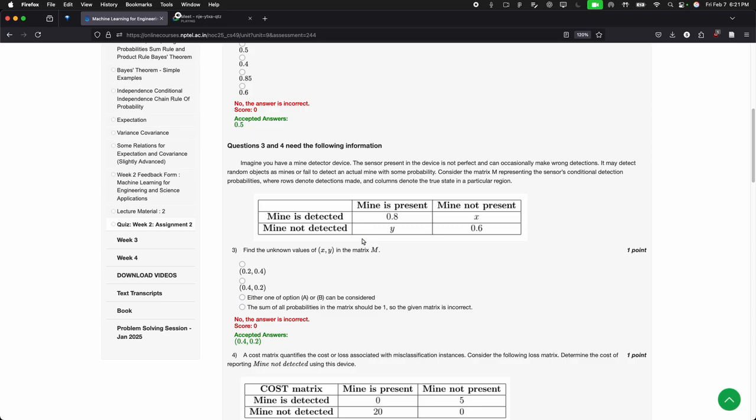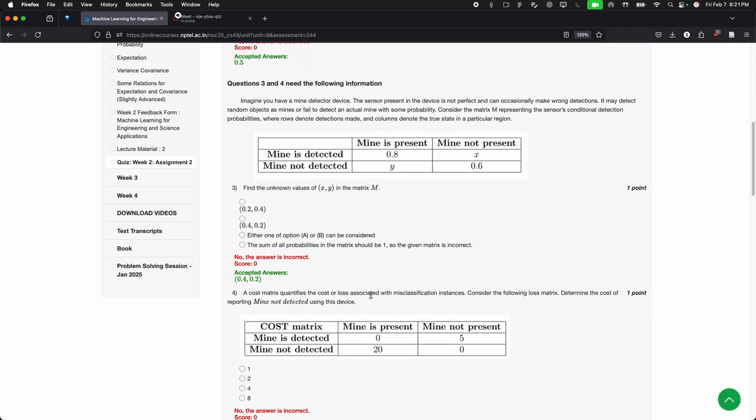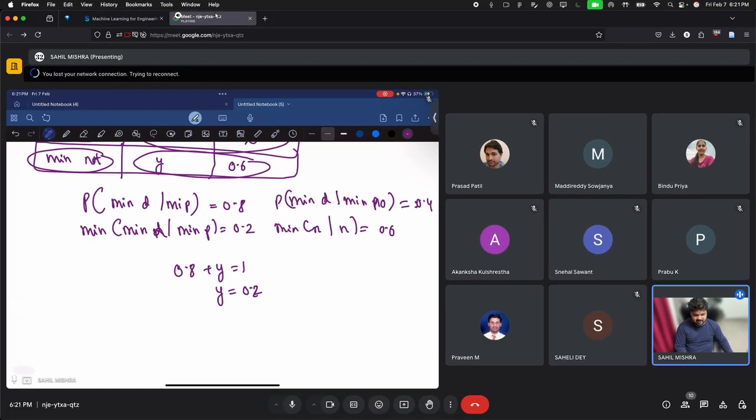But it's present there, and it blasts. So mine is not detected, but it's present. So this will be 0. What was there? 0.4 was there, right? So 0.4 into 20 is 8, right?